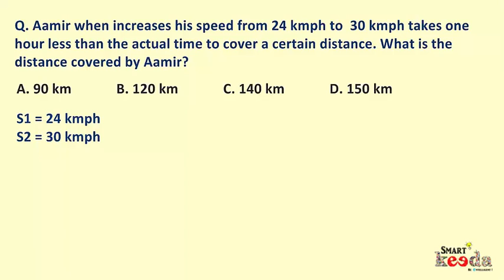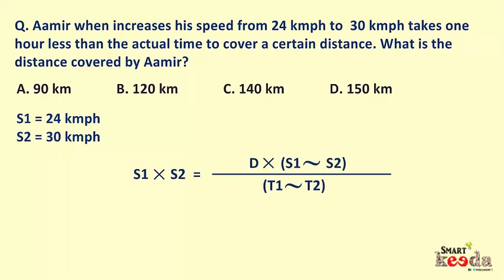Now the same question can be solved applying the shortcut approach we discussed previously in this video. The formula says S1 into S2 is equal to distance into difference of speed upon difference of time.